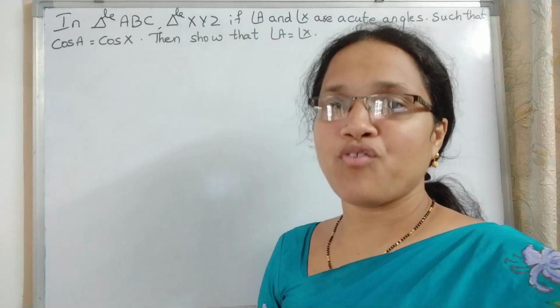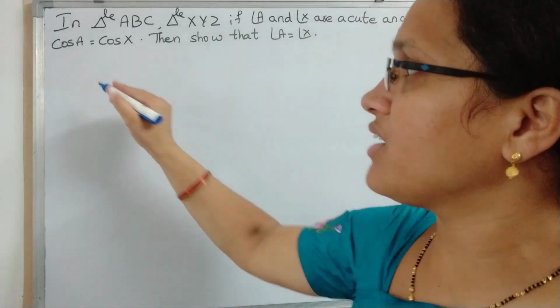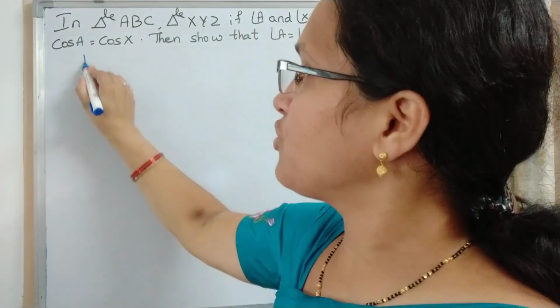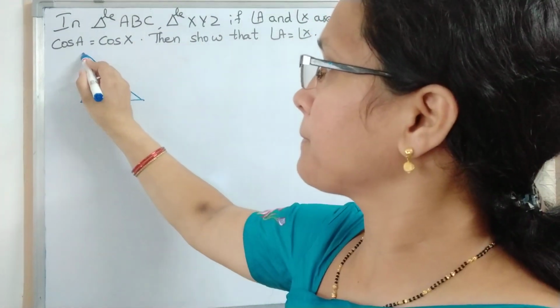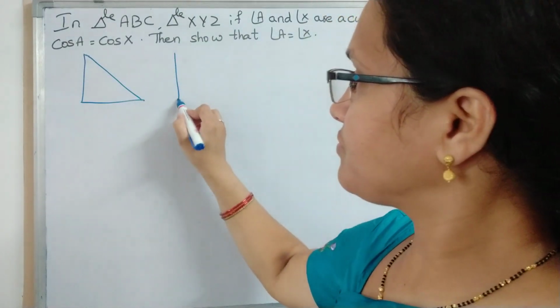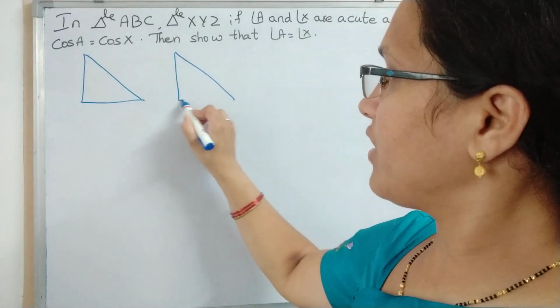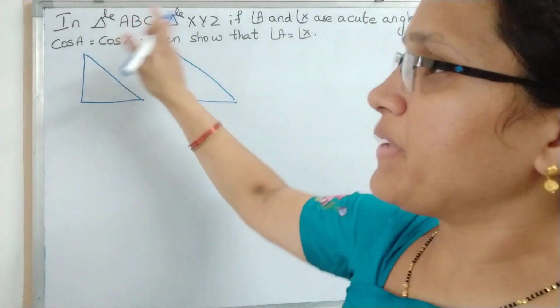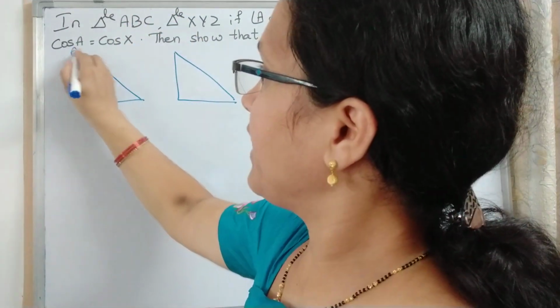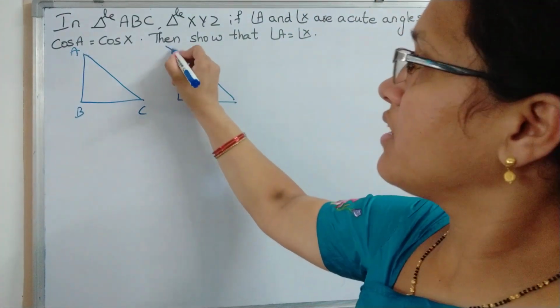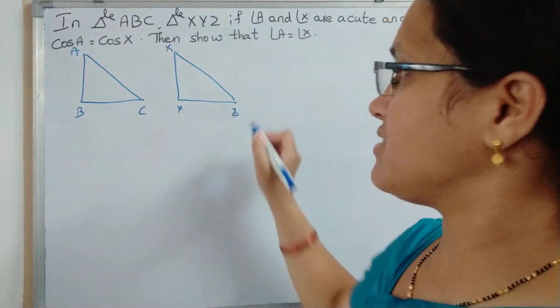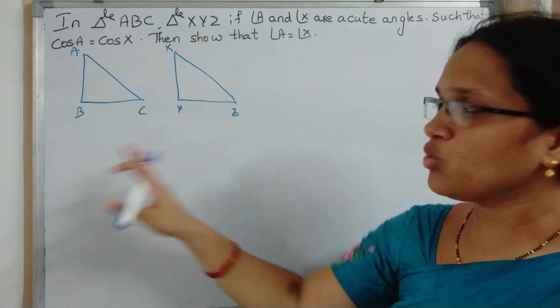First and foremost, you have to draw the two triangles which are given to you. So I'm going to draw the two triangles. Now see, ABC, let me make it as A, B and C, and this one as X, Y and Z. There are two triangles now.